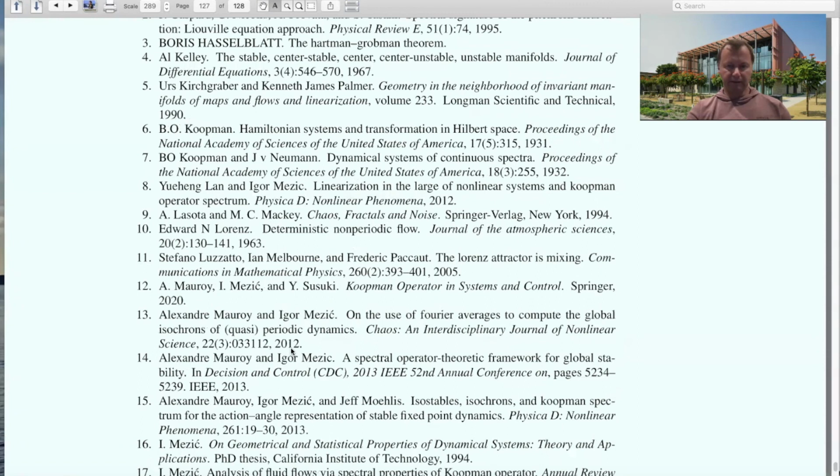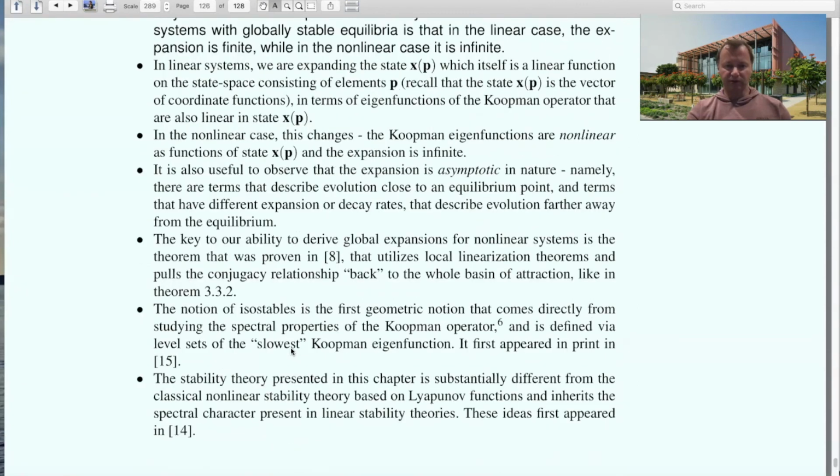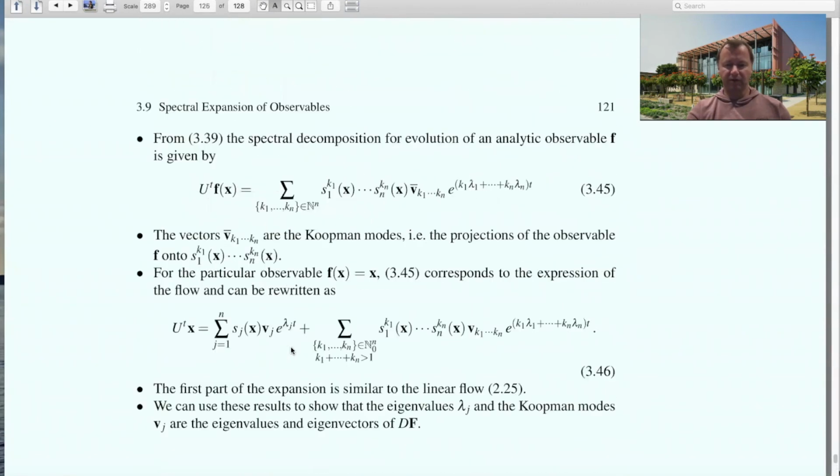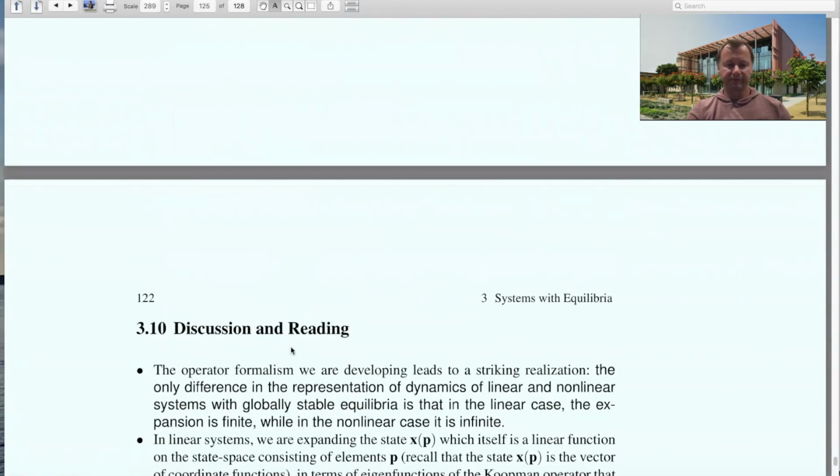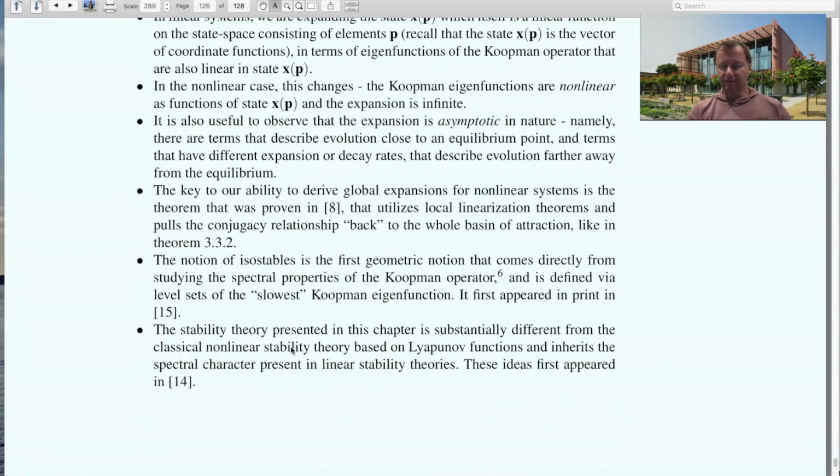And the spectral expansion was also written down in a number of these papers that I just mentioned. So that ends our discussion of systems with equilibria, and we'll continue next time with the topics in numerical analysis.